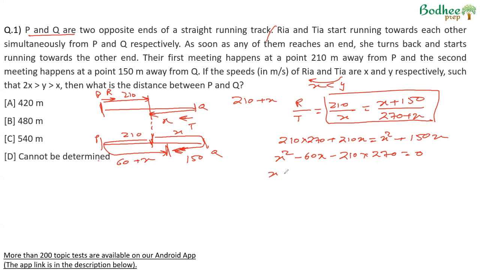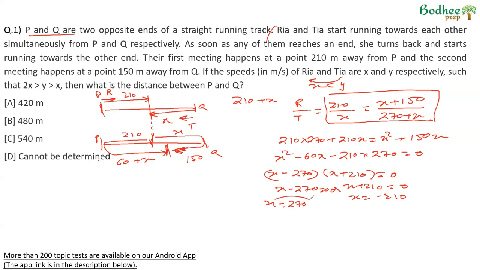So (x minus 270) into (x plus 210) will be 0. So x minus 270 is 0 or x plus 210 is 0. This will give us a negative value. We don't need that. And therefore, x is equal to 270. So the distance between P and Q is 210 plus 270, which is 480.